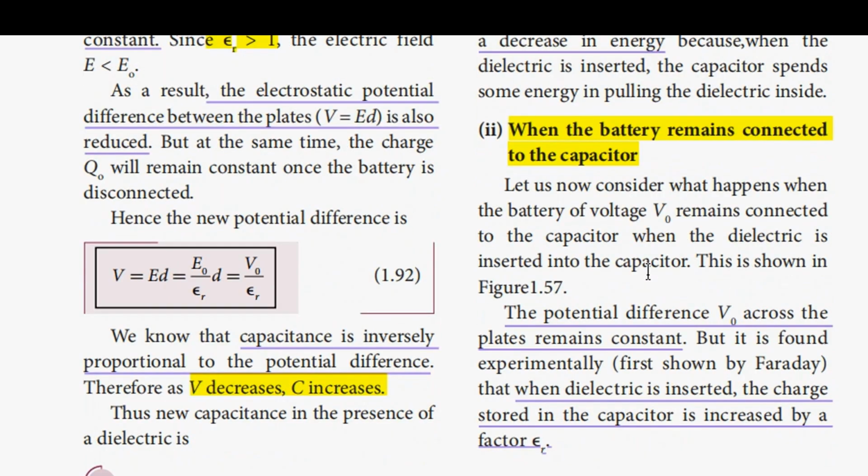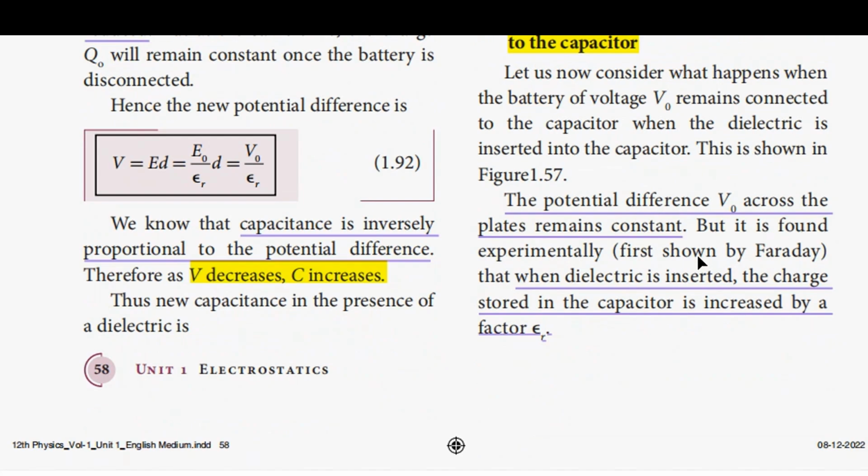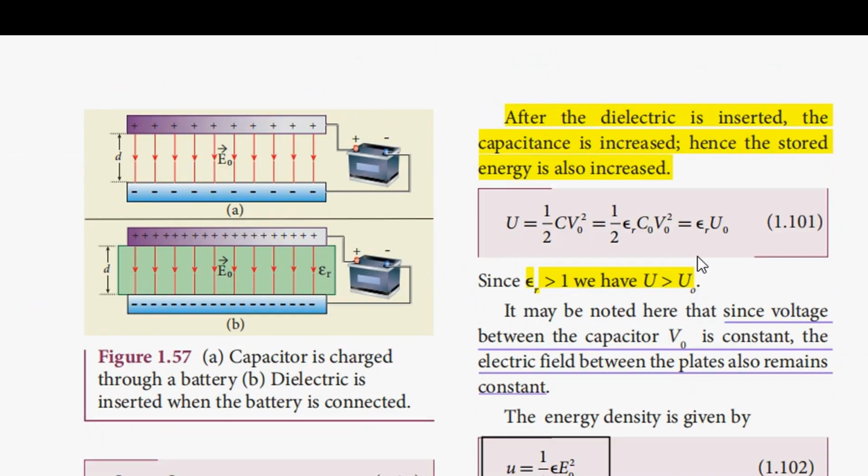Now let us consider the second case, when the battery remains connected to the capacitor. Let's consider what happens when the battery of voltage V0 remains connected to the capacitor when the dielectric is inserted, as given in figure 1.57.